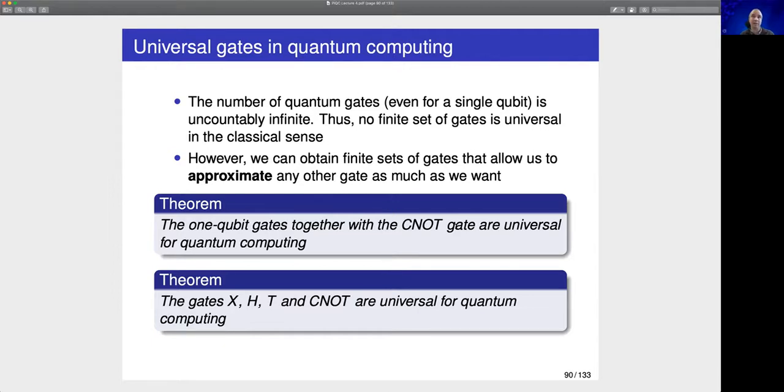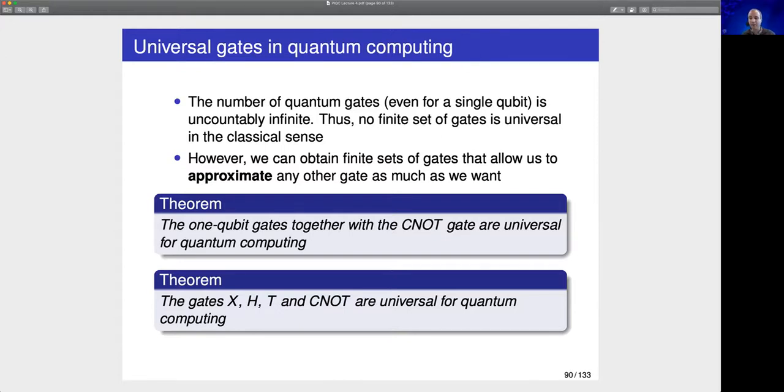number of gates. Okay, what we are talking about when we talk about universality in this sense in quantum computing is about the possibility of approximating any possible transformation up to the precision that we need. So what we are saying is that we are just fixing a finite set of gates, and we are going to approximate all the other gates.